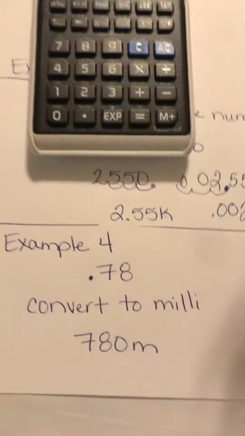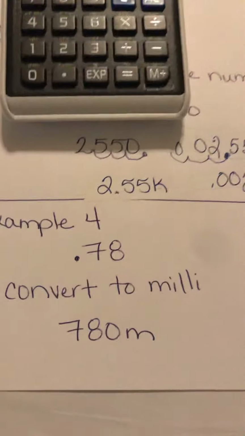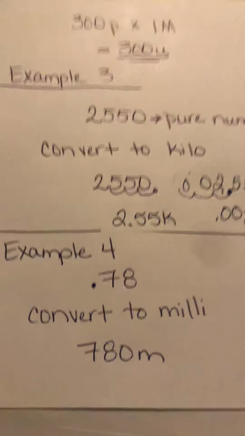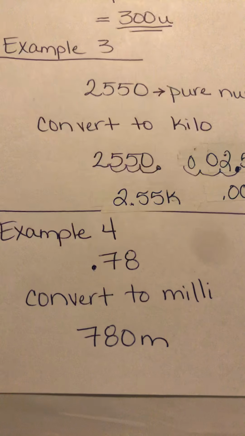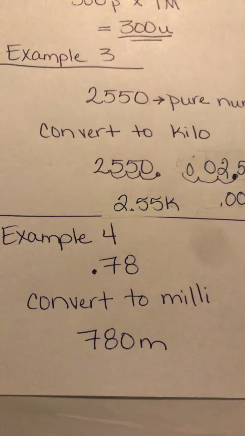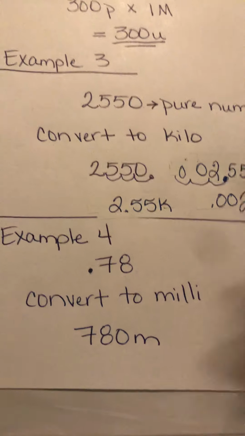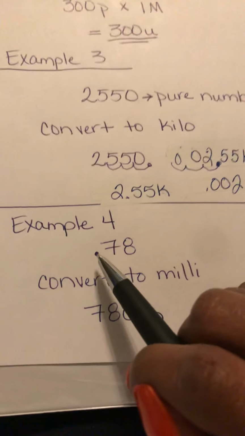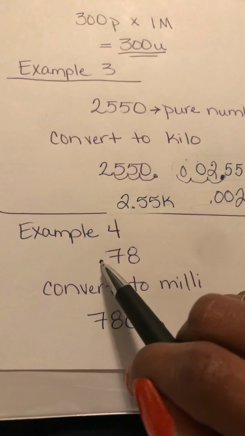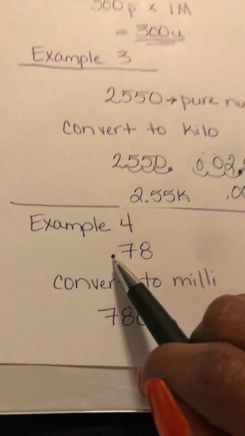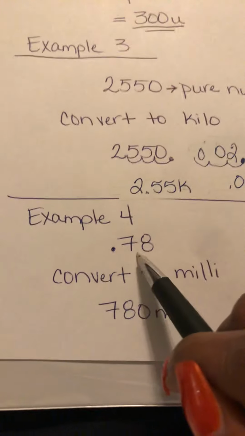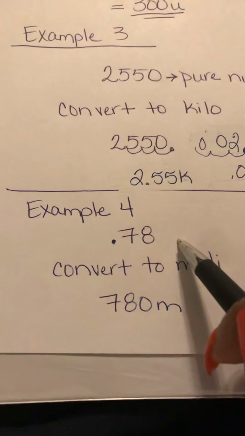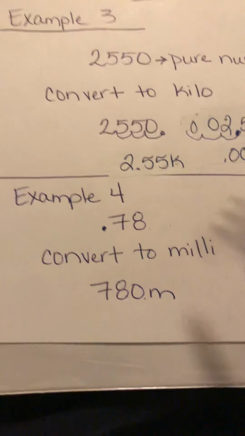Alrighty. Now example 4. Example 4 is just a plain number, which is 0.78. So that's like you saying you have 78 cents. And we want to convert that to milli. Okay? So by hand, if we wanted to do the milli, we know we need to go right and we need to go 3 times. So right now our exponent is at 0. So 0, -1, -2, -3, which is 780 milli.